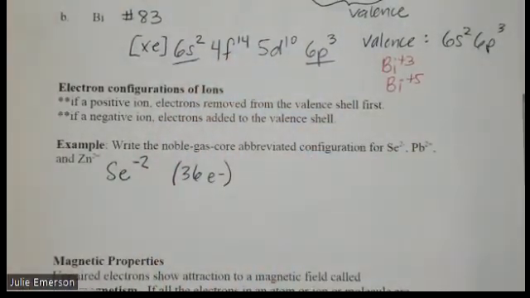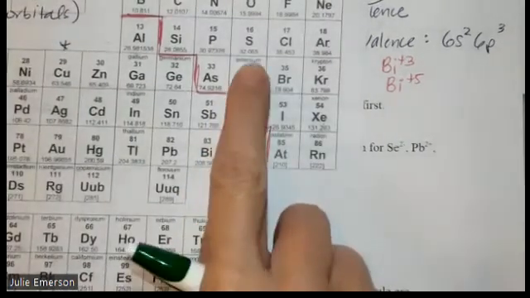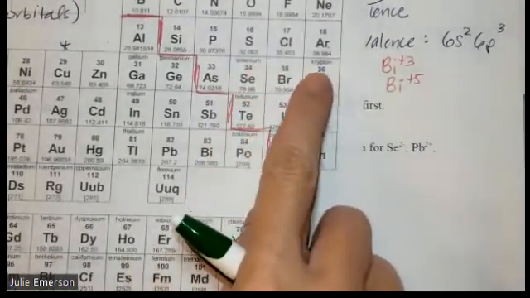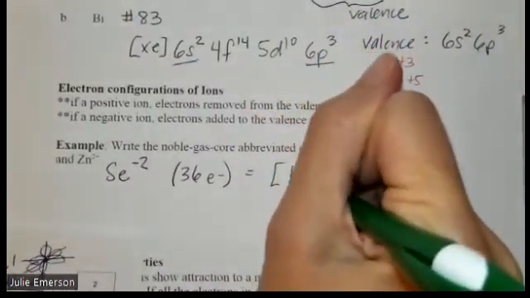Then this is now going to be what's called isoelectronic, which means iso, the same, electron structure. Selenium -2, picking up 2 electrons to now have 36, is going to match the configuration of krypton.